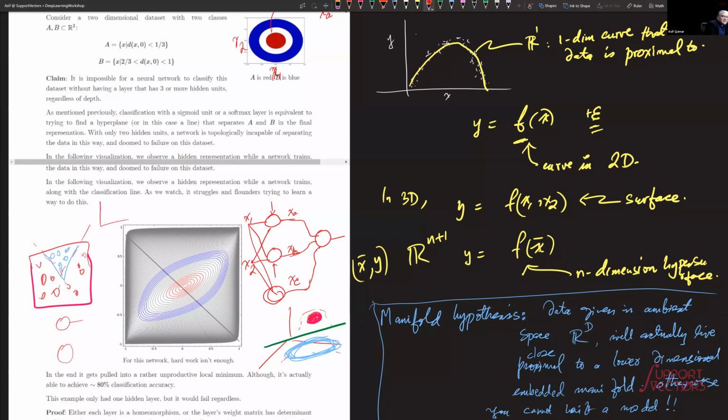If I stretch it really, really hard, I can make all the blue points sit up and all the red points sit here effectively, and then I can draw a thing like this. So for something like this, this would be quite a stretch, maybe a better stretch. You guys can think of a better deformation. Maybe this is not the right one.